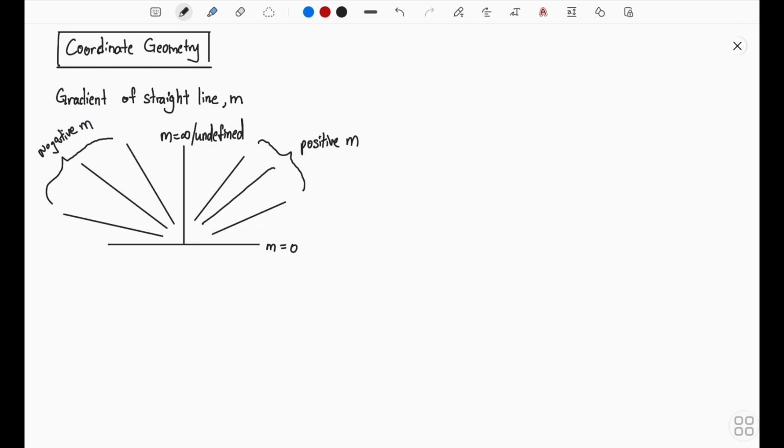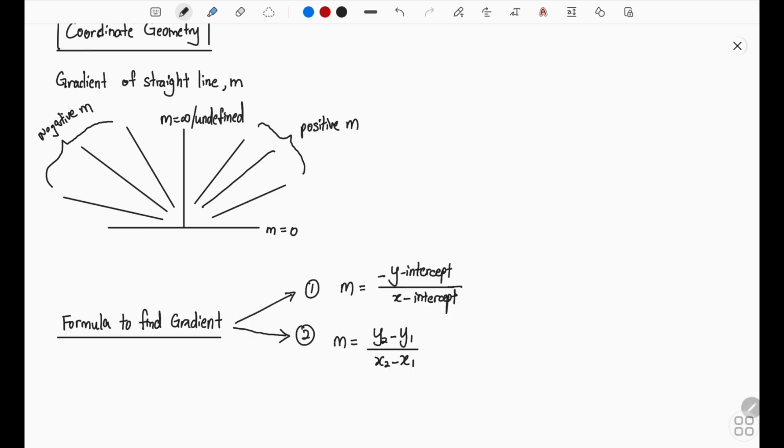So what would the value of the negative gradient and positive gradient be? There are actually two formulas for you to find that out. Alright students, so these two are the formulas for you to find your gradient. If you look at the first formula, you can see that there is a y-intercept and x-intercept.